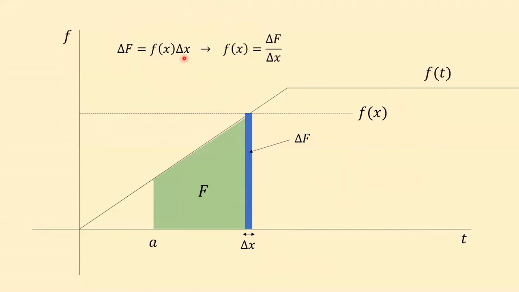And we could just rewrite this, solve that for f of x, and we can express it as the change in the area due to a change in x divided by that change in x. So in words, you could say it's the rate of change of big F with respect to x.